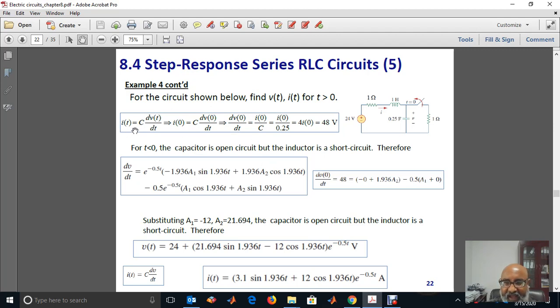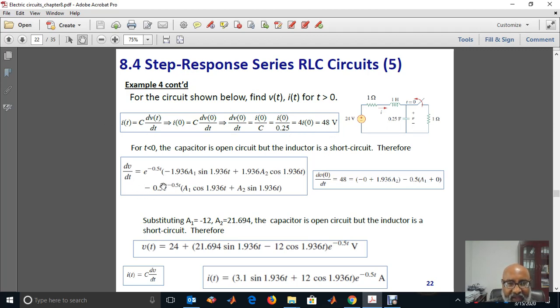We know that I at t is C dV by dt. So I at 0 means C dV by dt at 0. So the derivative of the voltage across the capacitor at 0 is I at 0 over C. I at 0 over 0.5 is 4 times I at 0, 48. So we have the second initial condition.